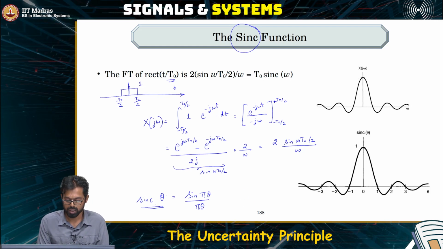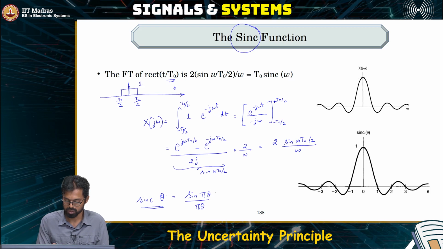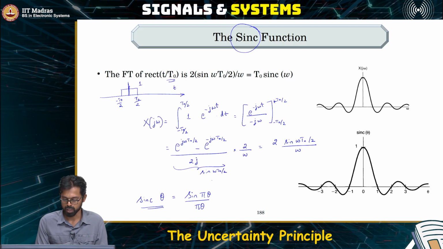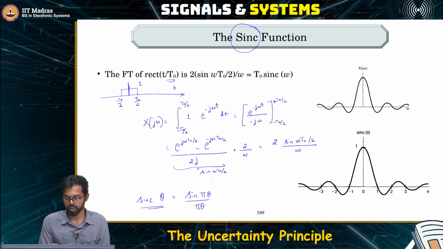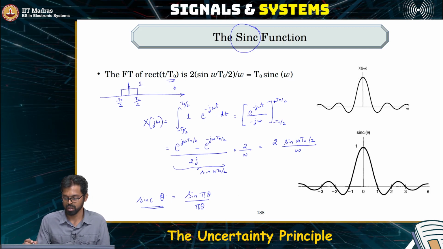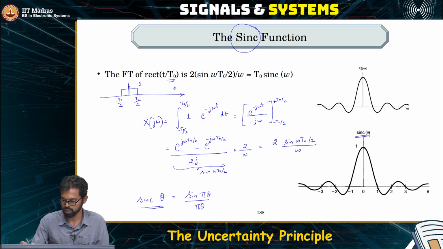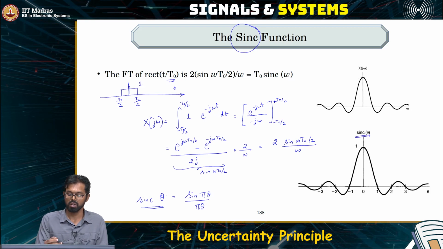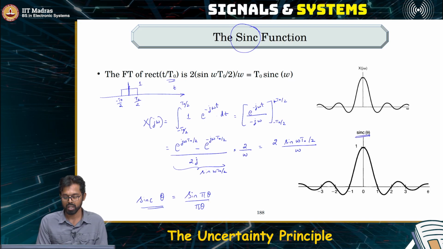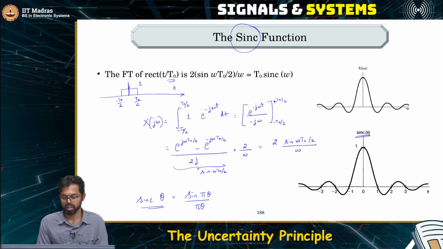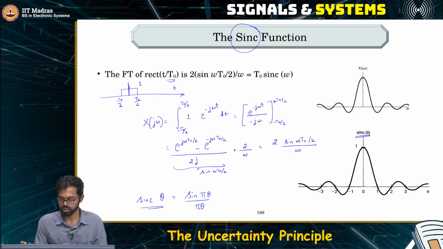So if we plot this Sinc function, let's say theta is equal to 0, then we get sine pi 0 by pi 0, a 0 by 0 form; apply L'Hopital, you get 1. So if you plot Sinc theta, this is what you get. When theta is equal to 1, you get sine pi divided by pi, sine pi is 0, so you get 0.